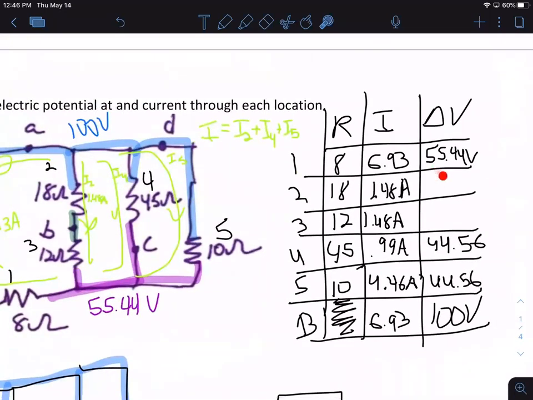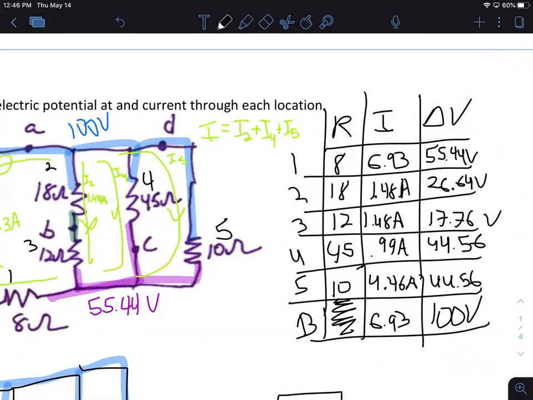And now I can find the delta V for each one. It should add up to 44.56. 18 times 1.48 is 26.64. 12 times 1.48 is 17.76 volts. And I can double check if I add those together.